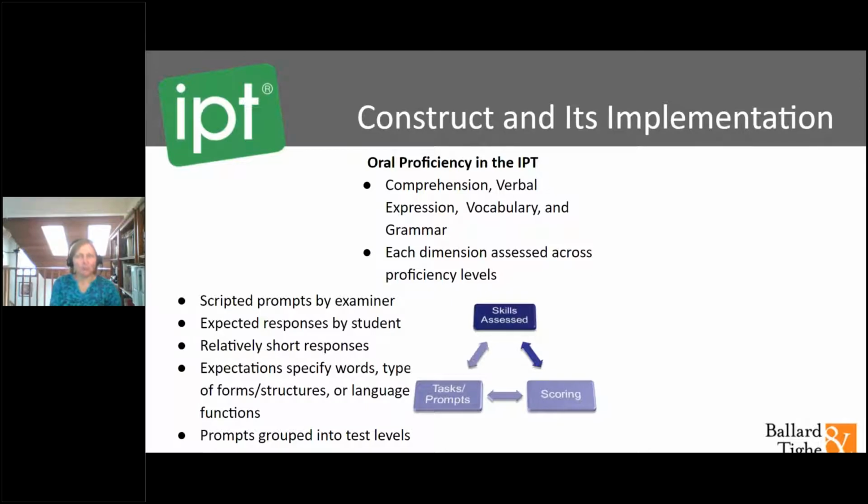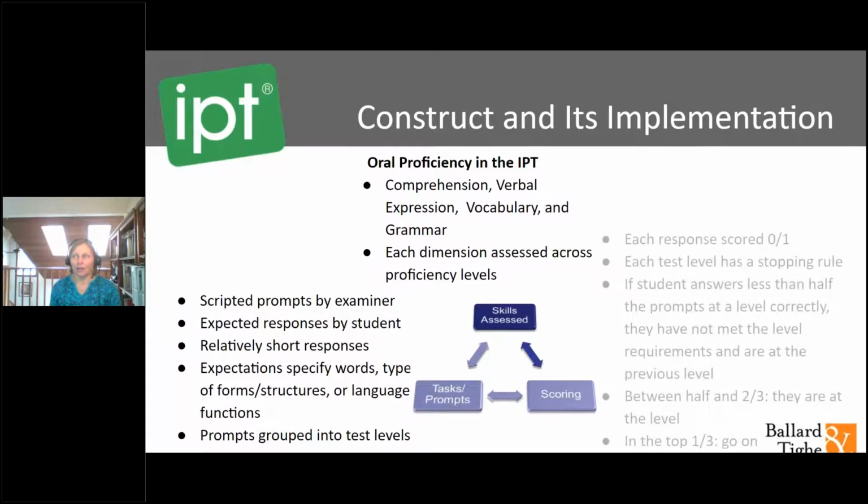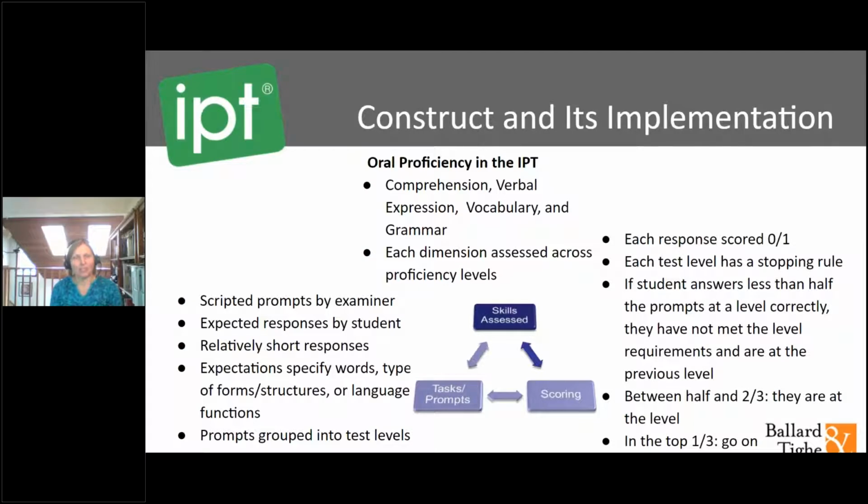And these prompts are grouped into test levels for administration. Each response is scored on the scoring side as either correct or incorrect.